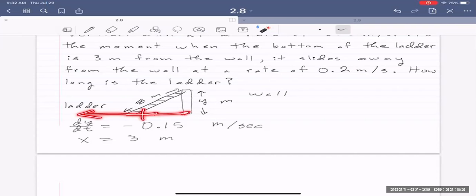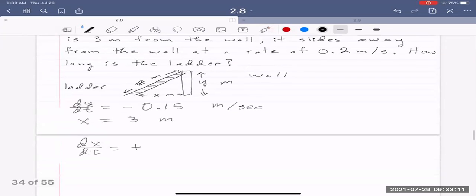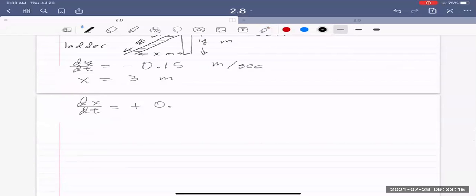So this length here is getting larger and larger. So x in this case is getting bigger and bigger, and it's sliding at a rate of 0.2 meters per second.